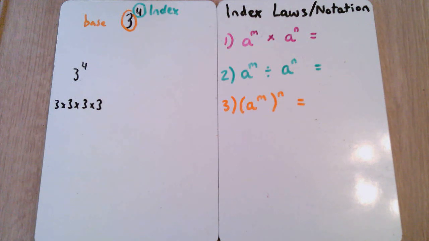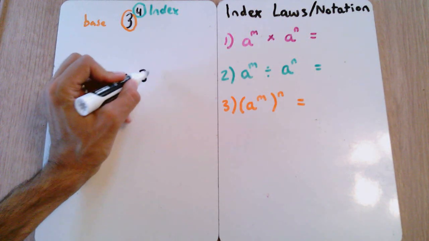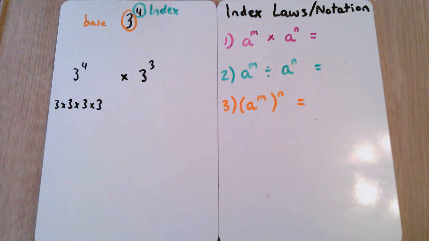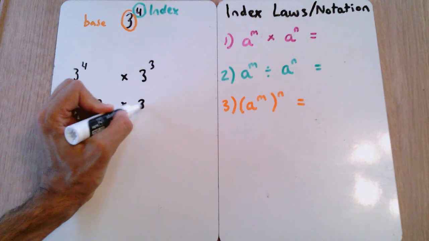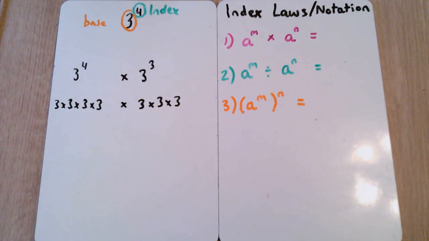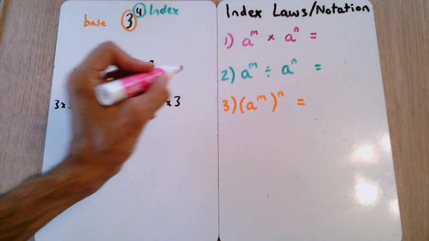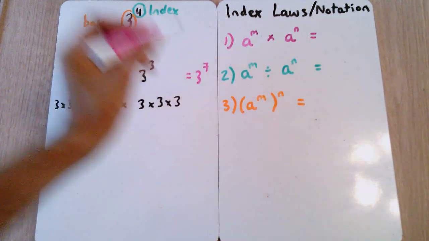Now, if I was to multiply that by 3 to the power of 3, that's the same as multiplying by 3 cubed, which is 3 times by 3 times by 3. What we can see here is in total, I've got four 3s over here and three 3s over here. So technically, I could call this 3 to the power of 7.